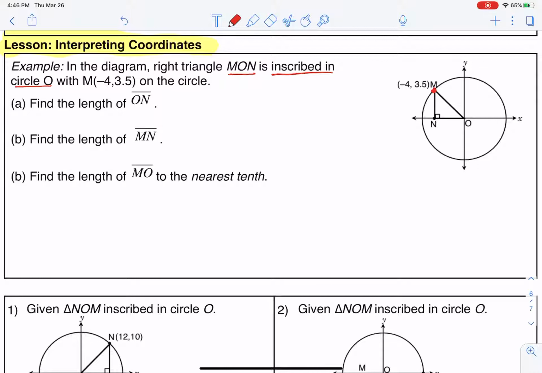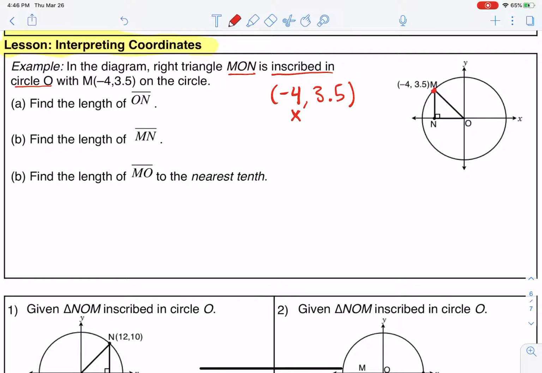All right, before we go into the different parts of this question, let's think about that coordinate, (-4, 3.5). So -4, of course, is our x value.